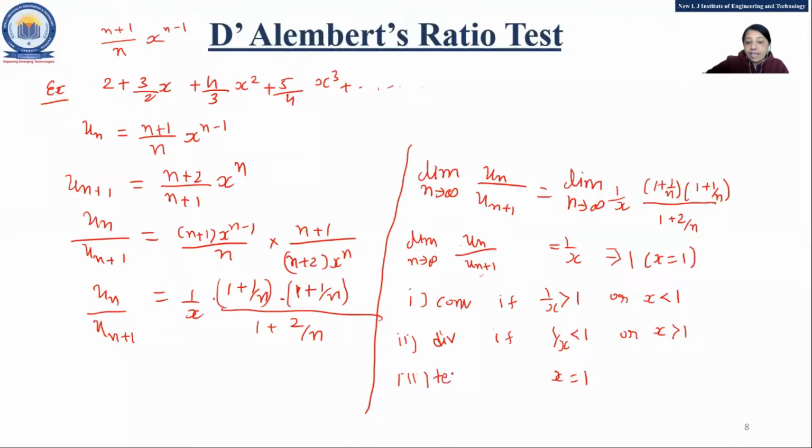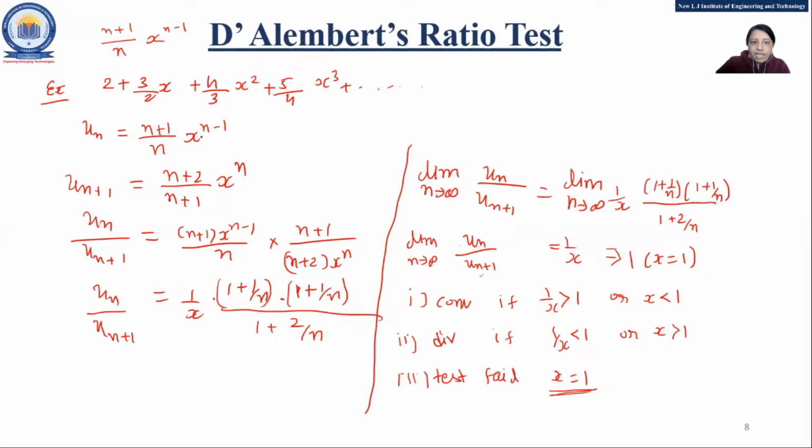At that time, when x equals 1, according to the statement of the test, the test fails. That means when x equals 1, we can't say whether the series is divergent or convergent. So we need to apply another method when x equals 1 to find the solution.